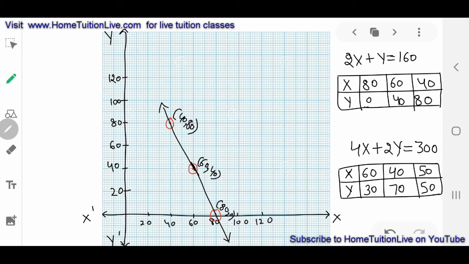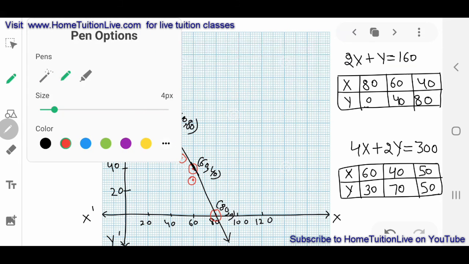So this is the point. Now next is x is 40 and y is 70. This is the point. Now next is x is 50 and y is 50. So this is the point.